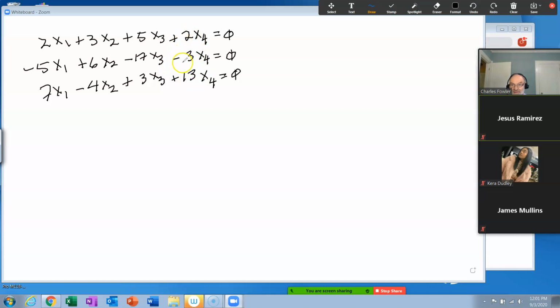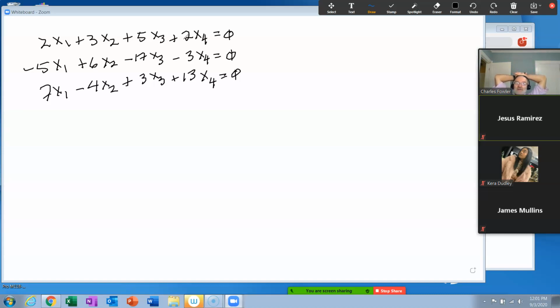We couldn't do anything else with them. So guess what? We know one solution, and you could have some parametric form here that gives you an infinite number of solutions, because you don't have enough equations to come up with a unique solution.